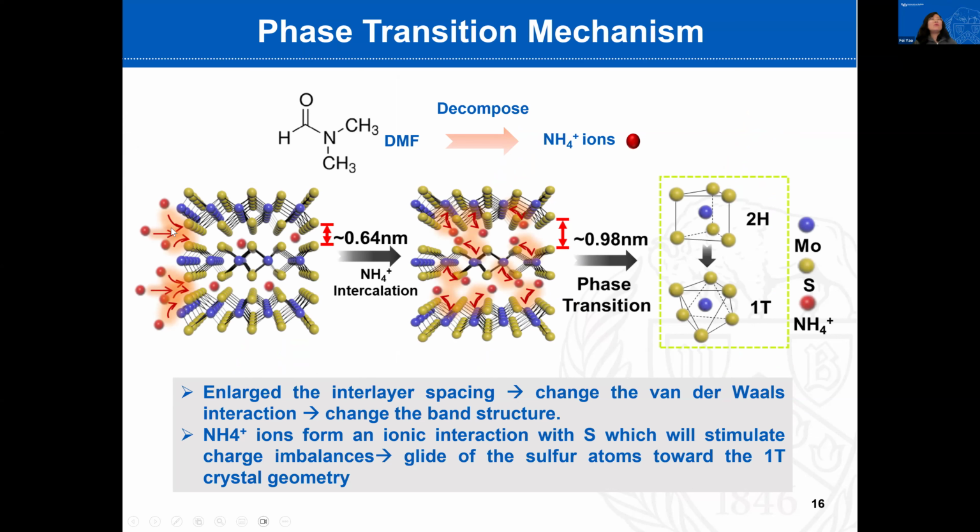Then the ammonium ions will intercalate into the MoS2, which increases the interlayer distance from 0.6 to 0.9, around 1 nanometer. Simultaneously, the ammonium ions will also have ionic interactions with the sulfur, which will stimulate charge balance, eventually the gliding of the sulfur atoms toward the 1T crystal geometry, so the 2H phase transfers to the 1T phase.